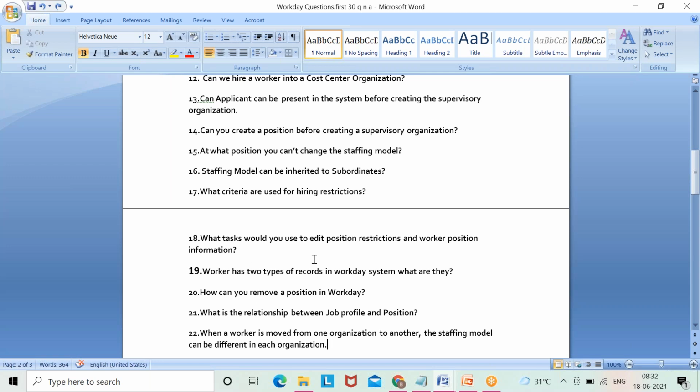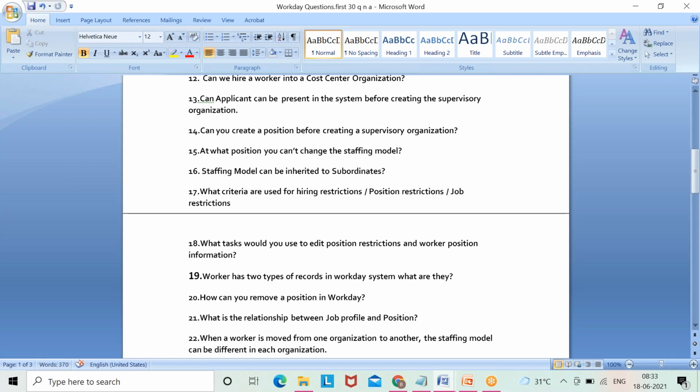Sometimes, if anyone is giving an interview, the interviewer may confuse you by asking a question like this: what is the difference between hiring restrictions, position restrictions, or job restrictions? Remember, the answer is the same for all three. Only the term changes.